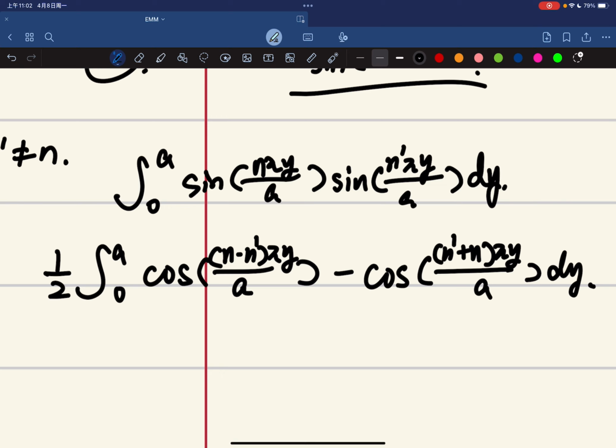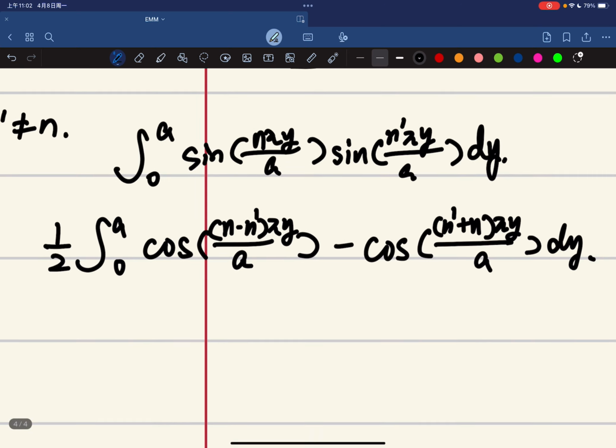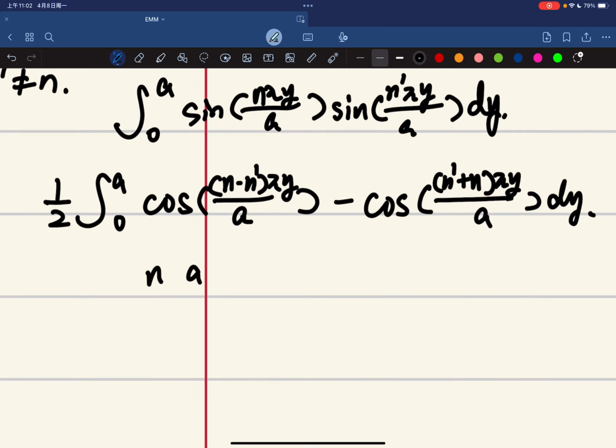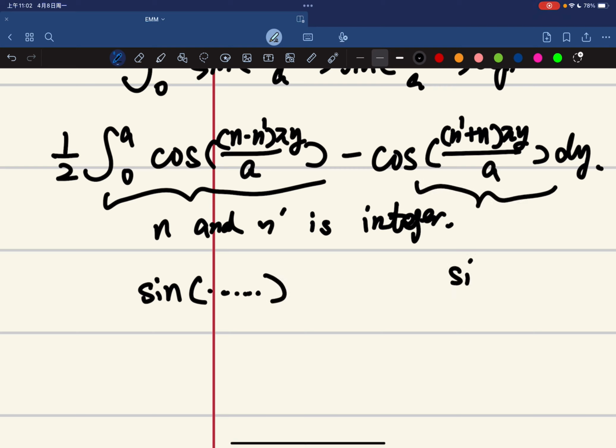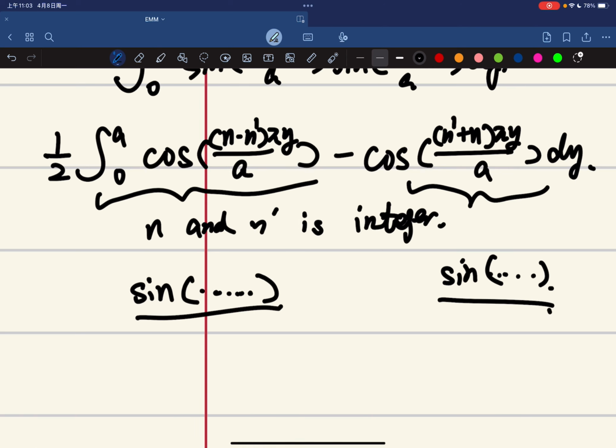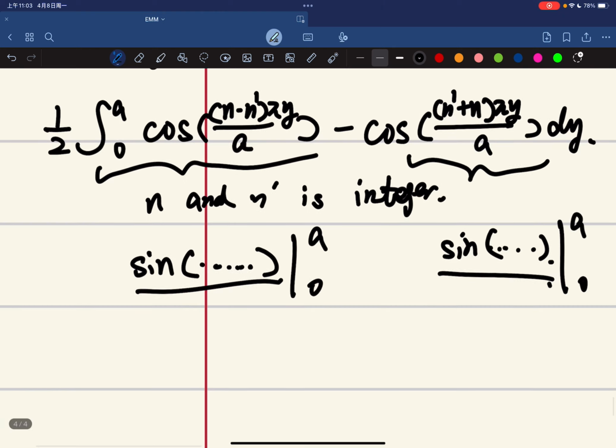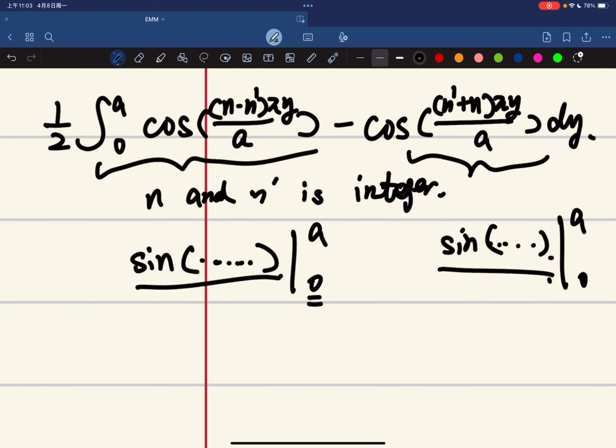Now I have this. So we know that n and n prime are integers. If we solve this integral, what do we have? It's actually sine of something, and this is also sine of something. If we look at the things inside, at y equal to 0, of course sine 0 is 0.